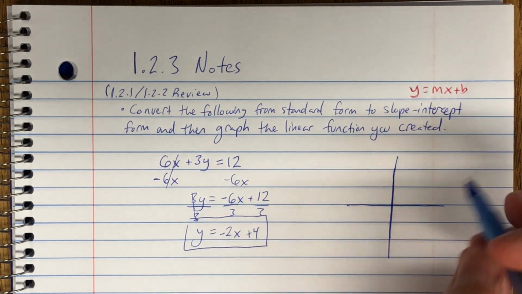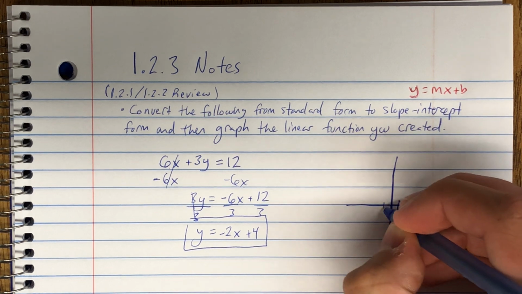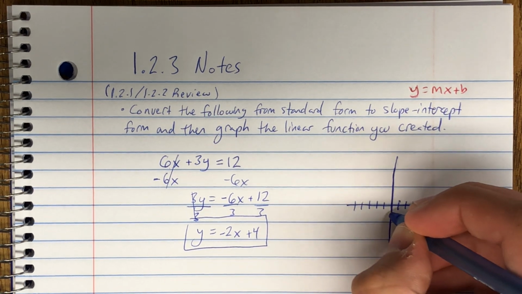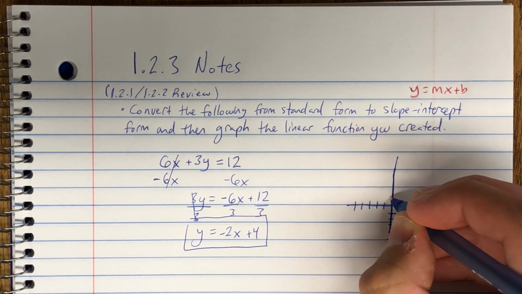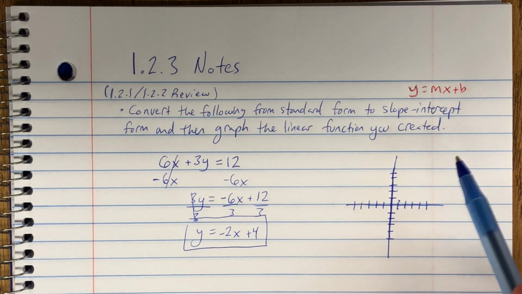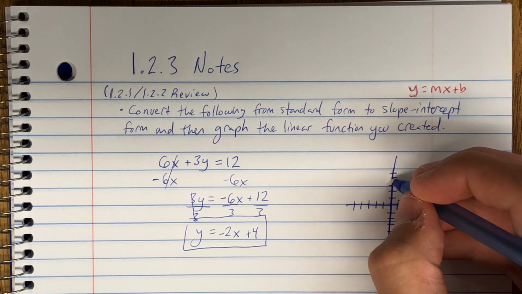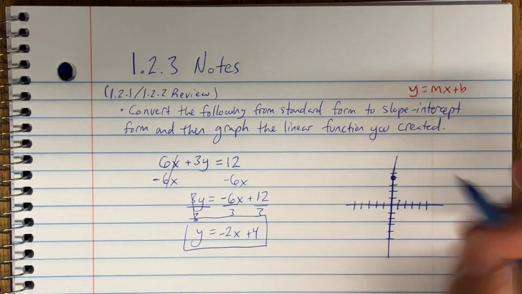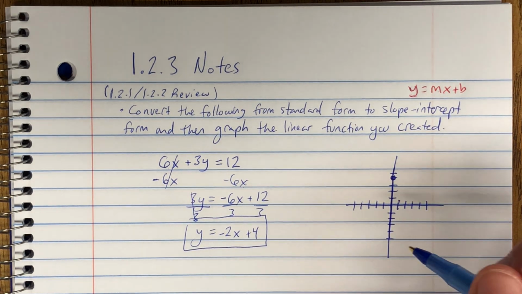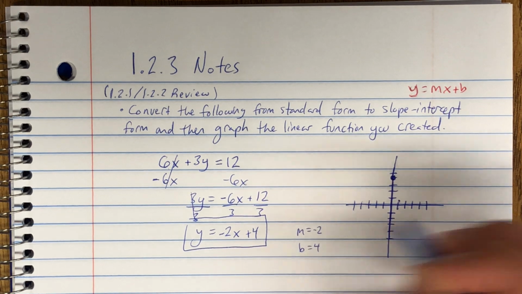So when we're graphing here, we'll just put 5 tick marks in here to start, and I'll add more if I need them. When we're graphing, we start with our y-intercept. Our y-intercept is 4, so let's start there. We have a slope of negative 2, so m is negative 2, b is 4.